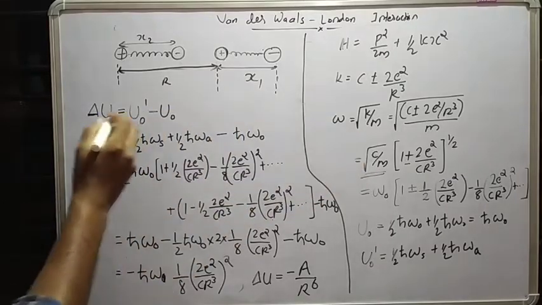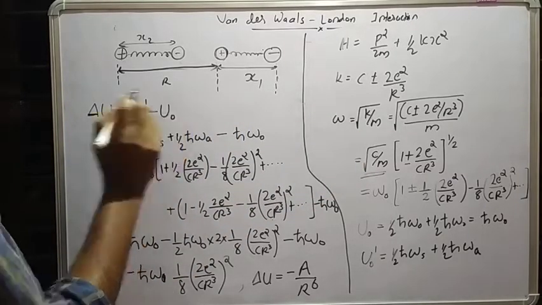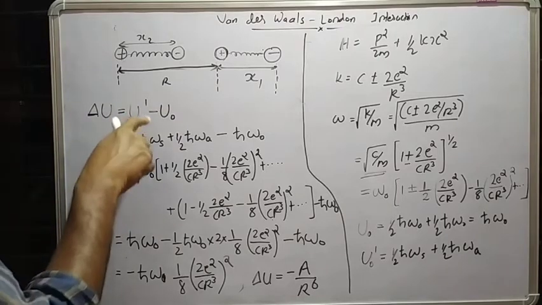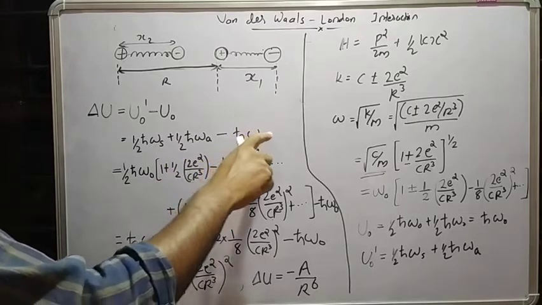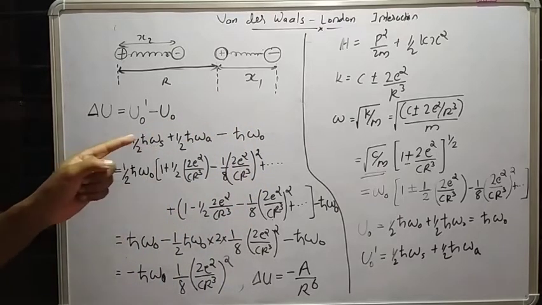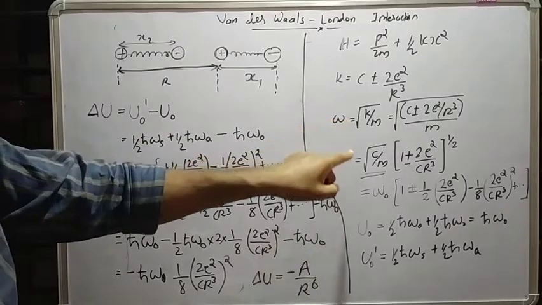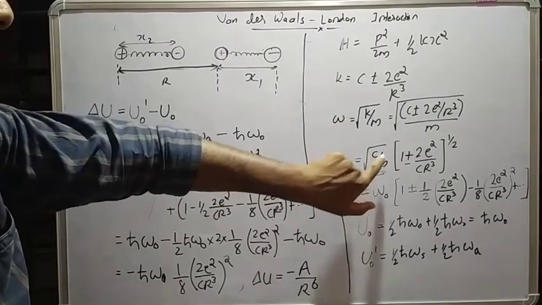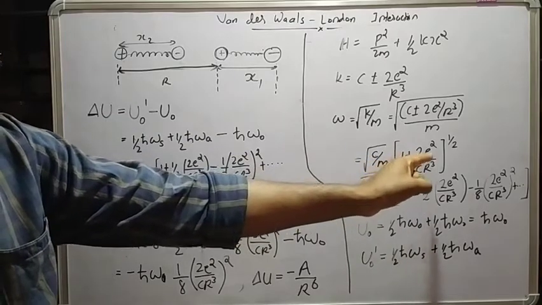So the difference in potential energy, delta U, is equal to U naught dash minus U naught, and we know U naught dash is half h cross omega s plus half h cross omega a, minus h cross omega naught. Omega s is the symmetric angular frequency. From here, omega s is equal to omega naught, the square root of C over m, into 1 plus 2e square over C r cube whole raised to 1 by 2.